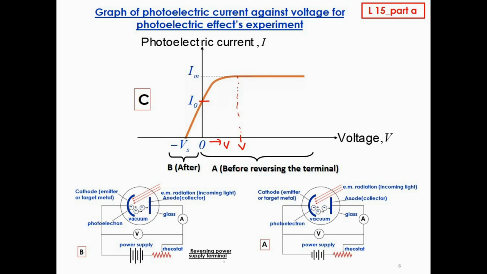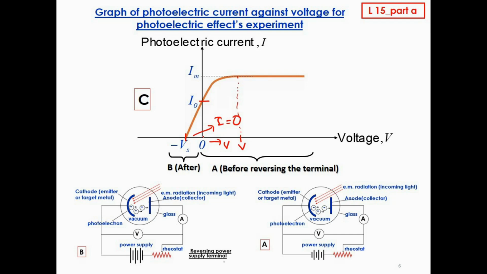But when the voltage is reversed, the current flow in the circuit decreases. That is because only the fastest electrons can still reach the anode. If we increase the reverse voltage, the current flow in the circuit also decreases, up to a certain value, where the current equals 0.